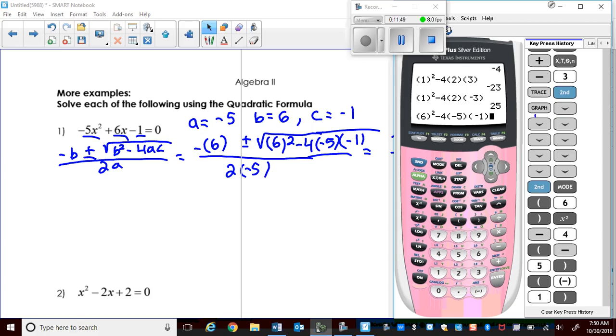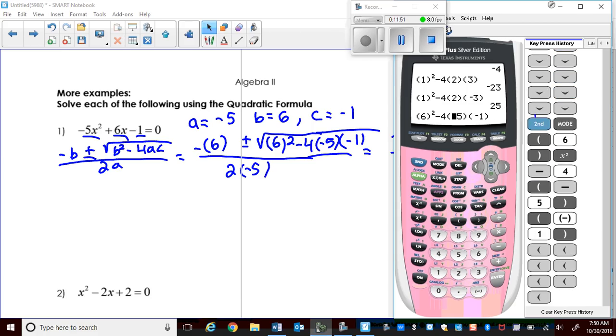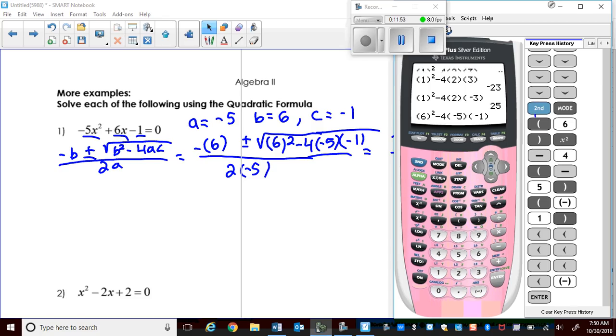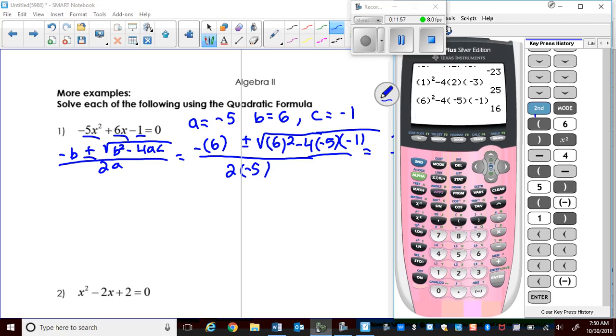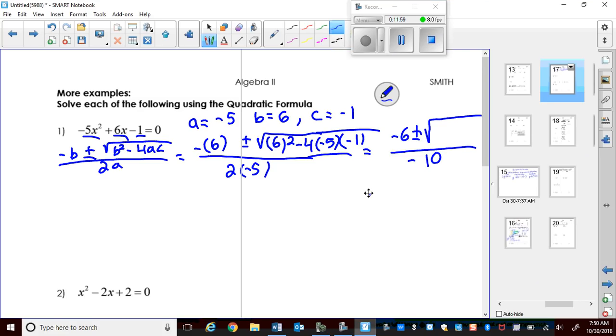Let me go back and change that 5 to a negative. Okay, and I get 16. This is a positive number, so I'm going to produce two real roots. So 16 means I'm going to have two real roots.